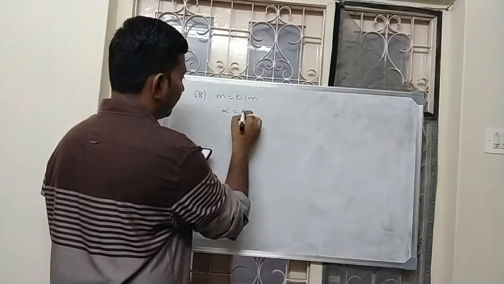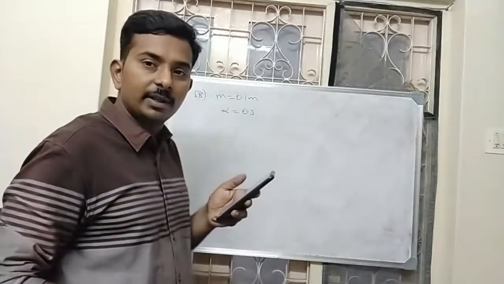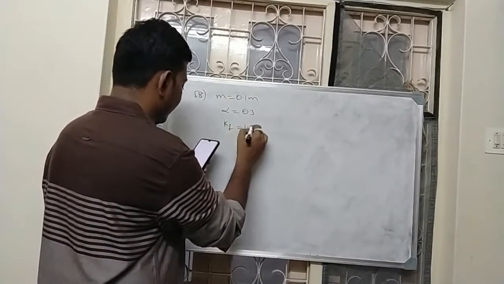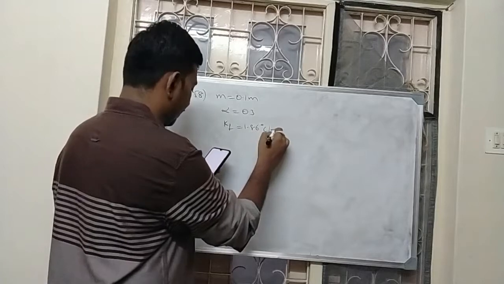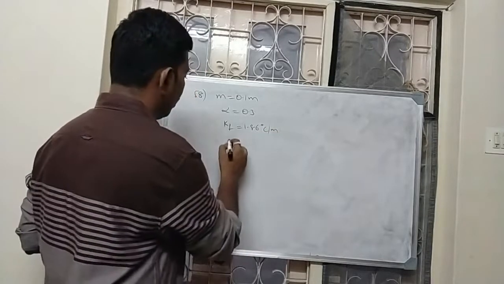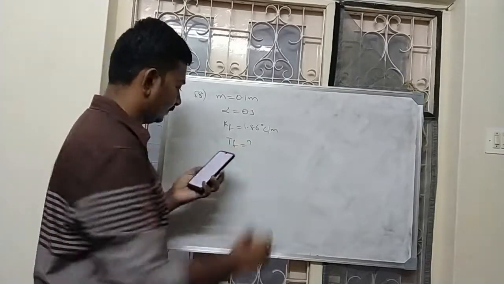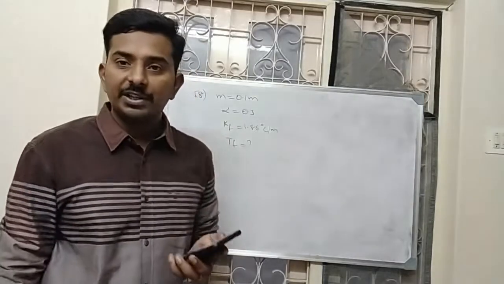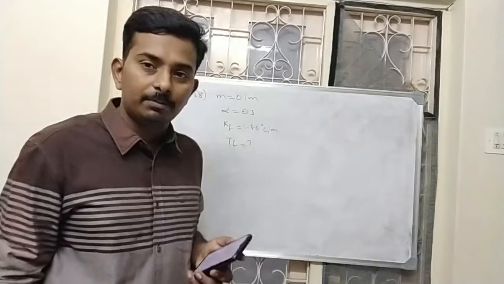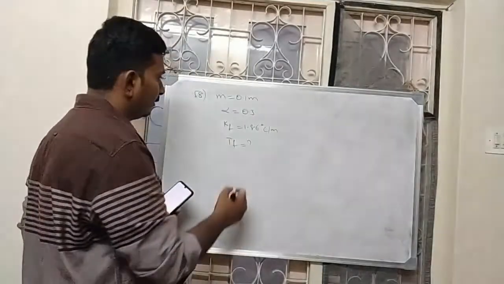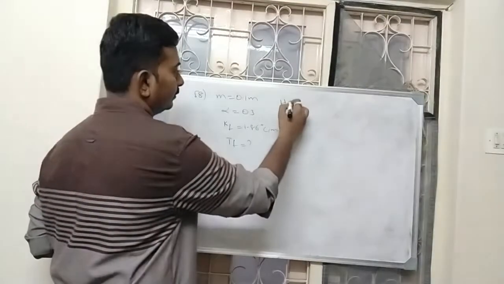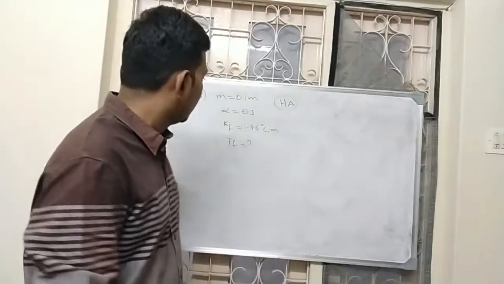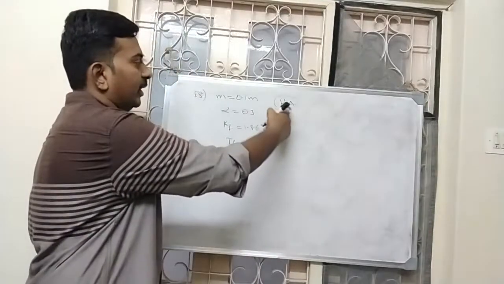The alpha value is 30% ionized, that means alpha is 0.3. Kf for water is given as 1.86 degrees centigrade per mole. The freezing point of the solution we need to calculate. They have said it is a weak acid, but they didn't mention what the acid is. In the question, please take the weak acid as HA. HA is the weak acid from which we will get 2 ions.